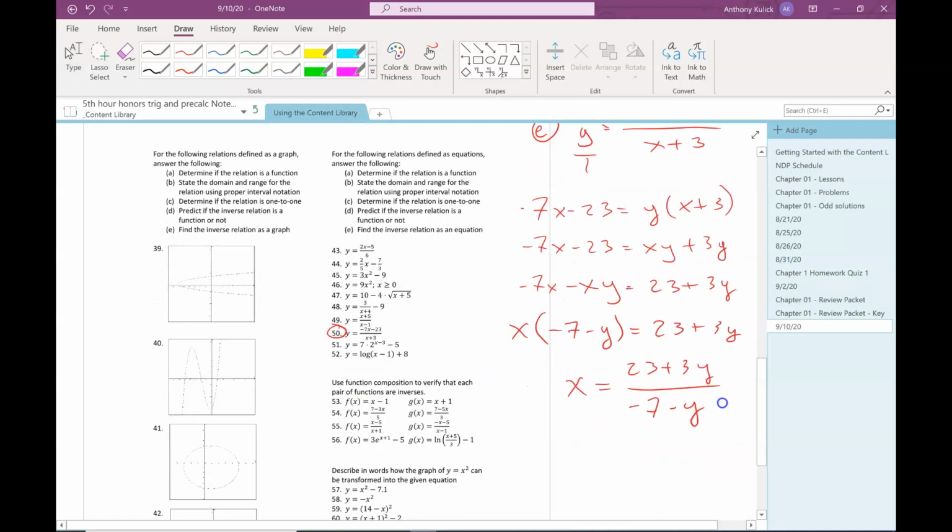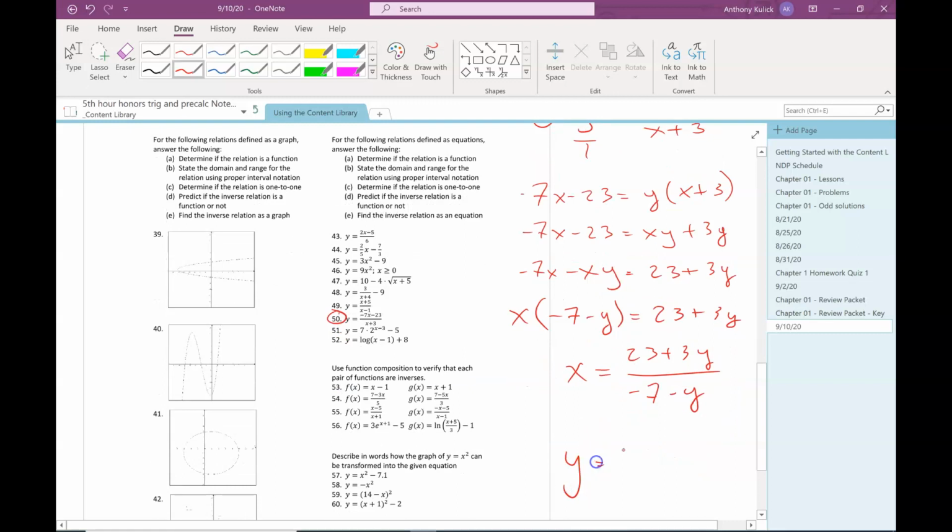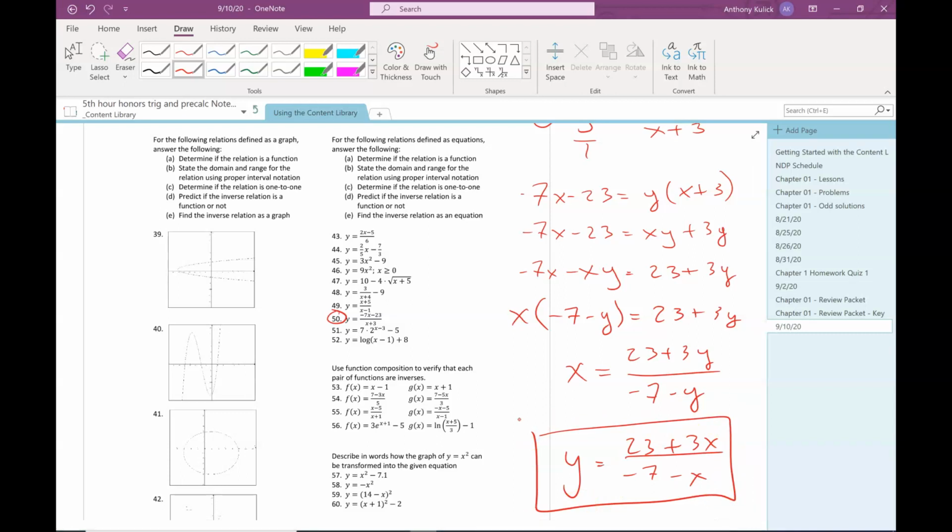And that's what I needed. So the last step is just to switch out the names of my variables. And that should do it.